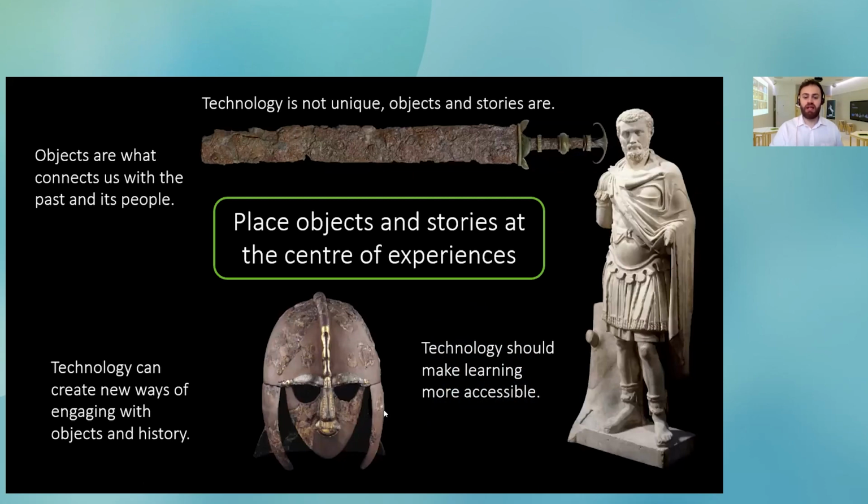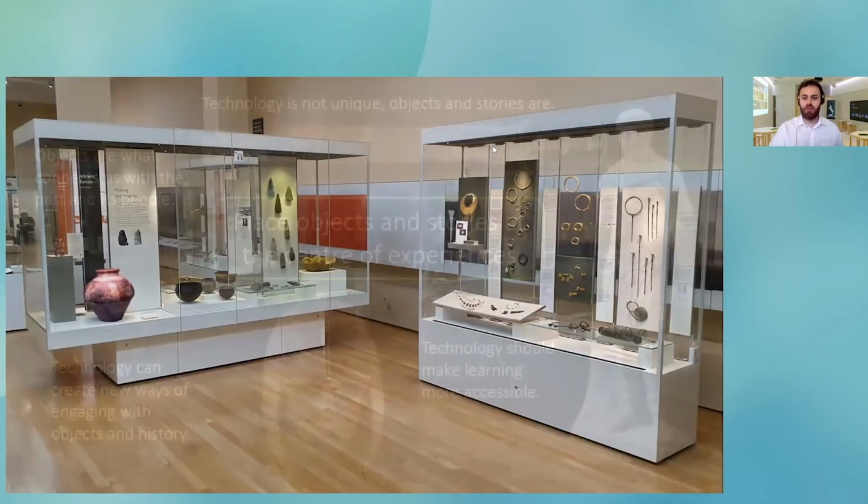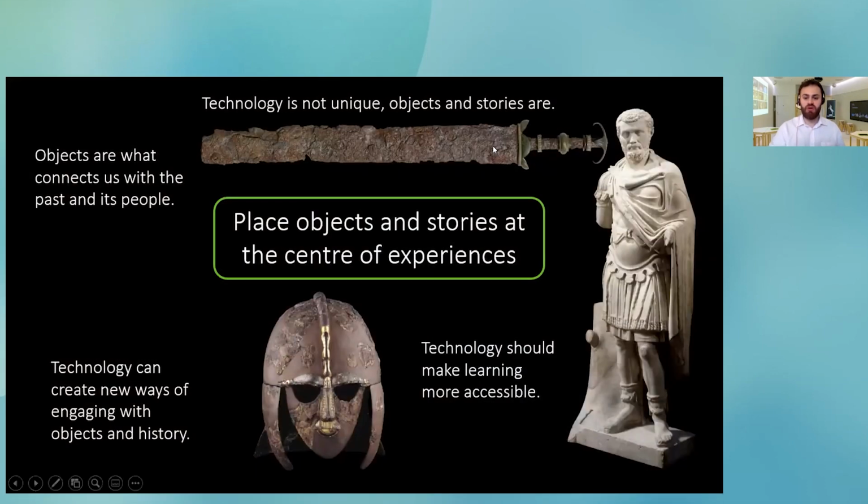And then finally, one second. My slides have just moved on. There we go. It should make learning more accessible, and we can use technology to allow different ways of learning. Perhaps students learn in different ways. They might find technology more reassuring because it's more familiar to them.